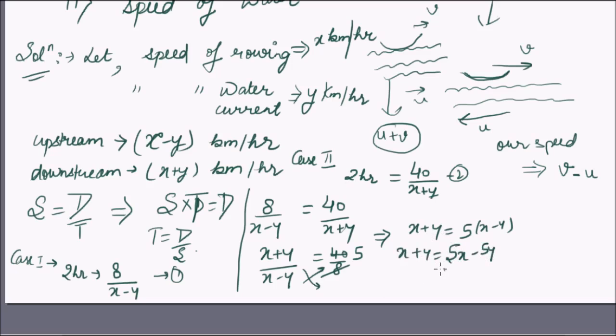Or bringing the x terms to one side and y terms to one side, we get 5x minus x equals y plus 5y. Or 6y equals 4x, that is, 6 over 4 y equals x, implies that x equals 3 by 2 y.